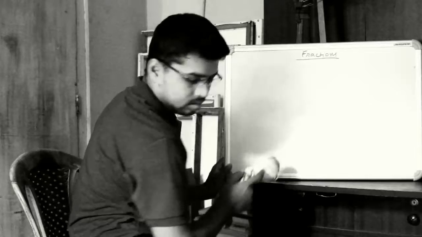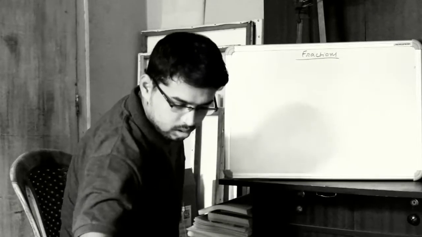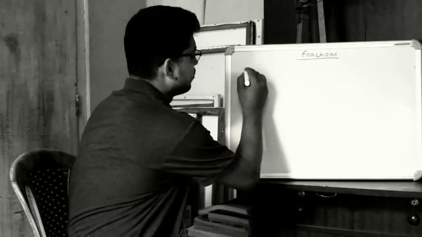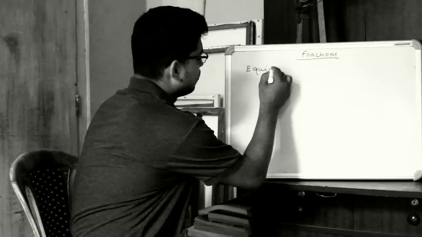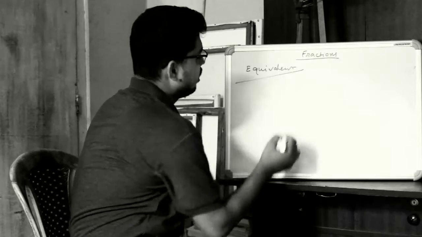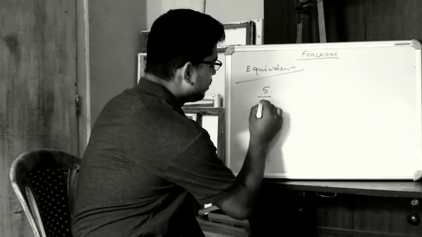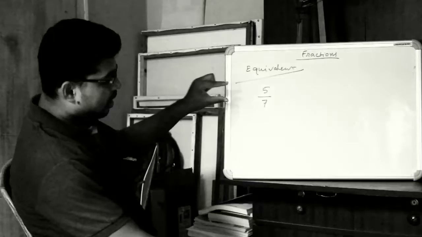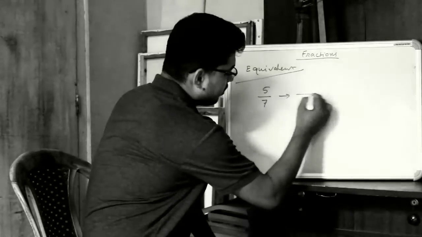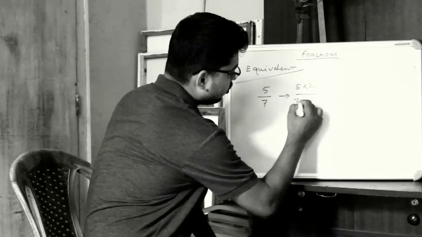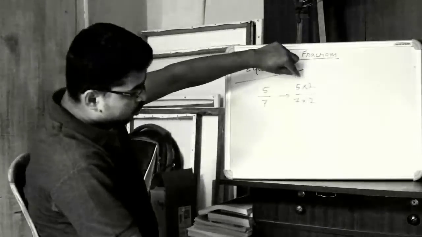Next, equivalent. See, 5 by 7. Equivalent means if you multiply 5 into 2 and 7 into 2. It's not 5 into 3 and 7 into 2.